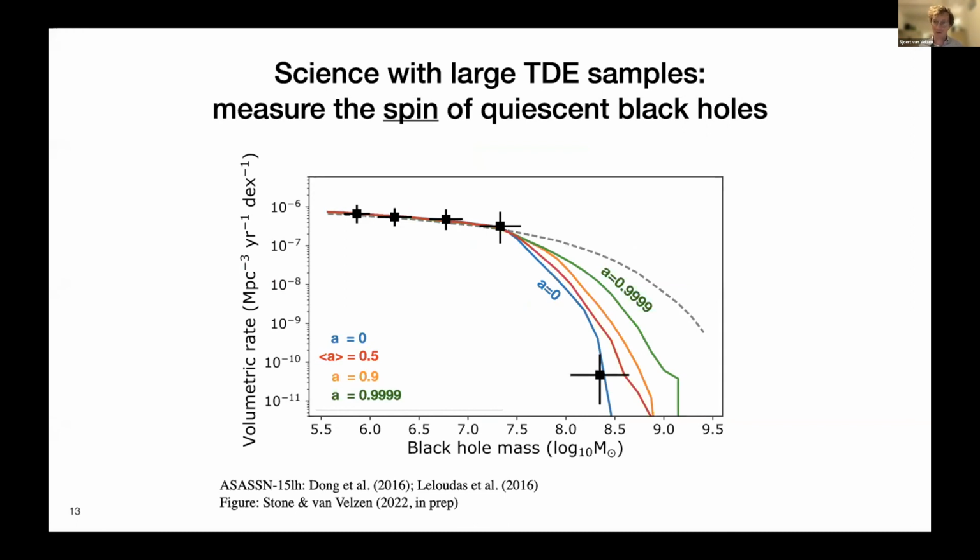More importantly, you have to average over the IMF, because this maximum mass for visible disruption increases with stellar mass. So that is the biggest challenge. So you need to restrict probably to early type galaxies where the IMF is dominated by low mass stars, so you don't have these 3 solar mass stars flying around.